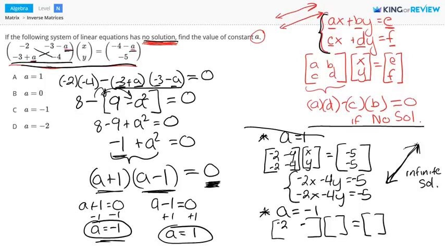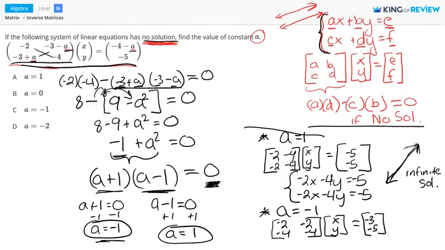That's going to give us a negative 2. Negative 3 plus a negative 1. That gives us negative 4. And we still have a negative 4 here. X and y. Then negative 4 minus a negative 1. That gives us negative 3. And then here we have negative 5.